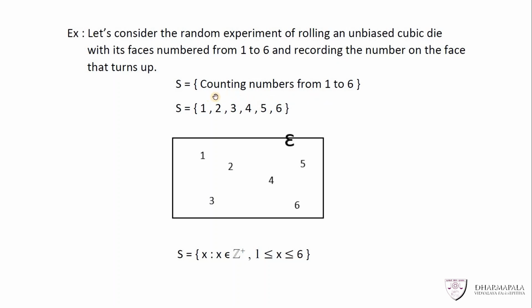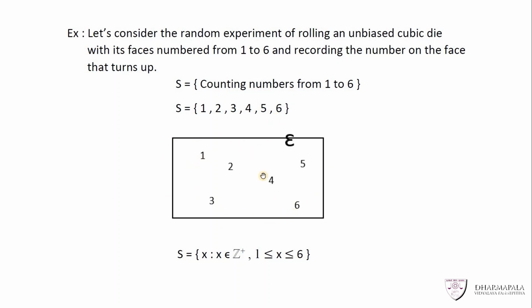So the description will be counting numbers from 1 to 6. These are all the possible outcomes. Or we can list the elements in the sample space. Normally we are not using the describing method most of the time. The second method is the one we use most of the time, listing the elements. So the elements will be the numbers from 1 to 6.